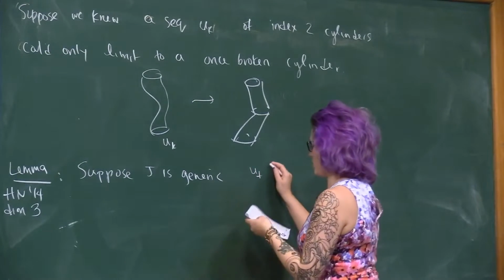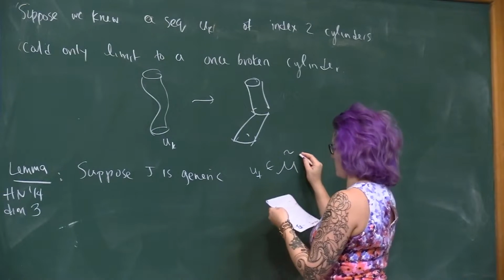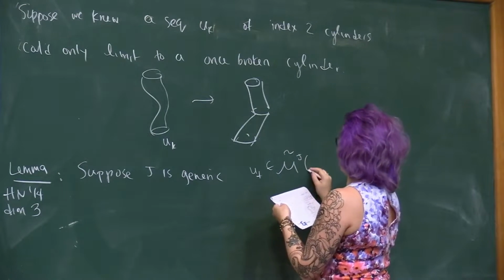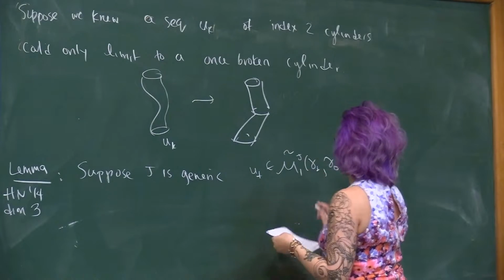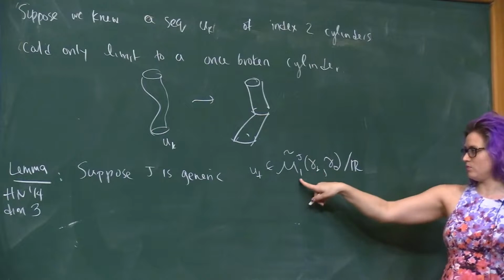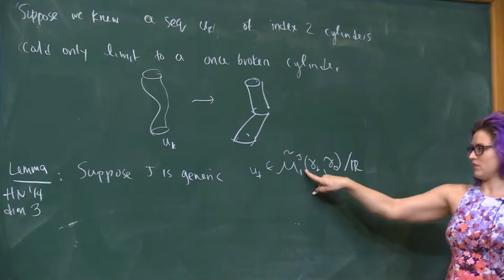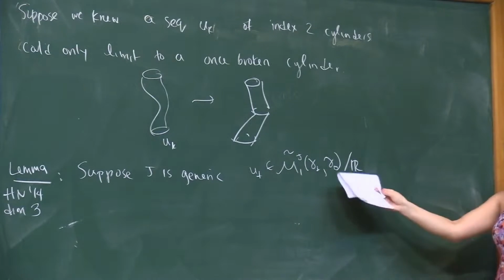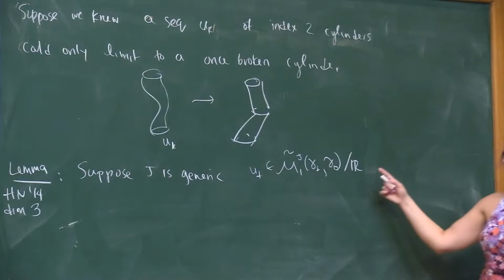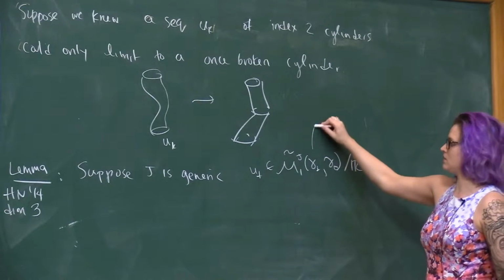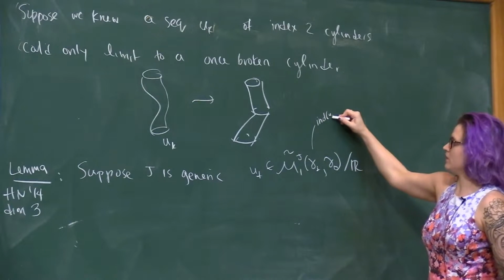We have U plus in some moduli space M J gamma plus gamma 0 mod R. So it's an index difference 1 curve, so I'll denote the index of U plus as this subscript on M tilde, and I'm modding out by R. It gets confusing when you have index and virtual dimension running around, so this is really to say that the index of U plus is equal to 1.